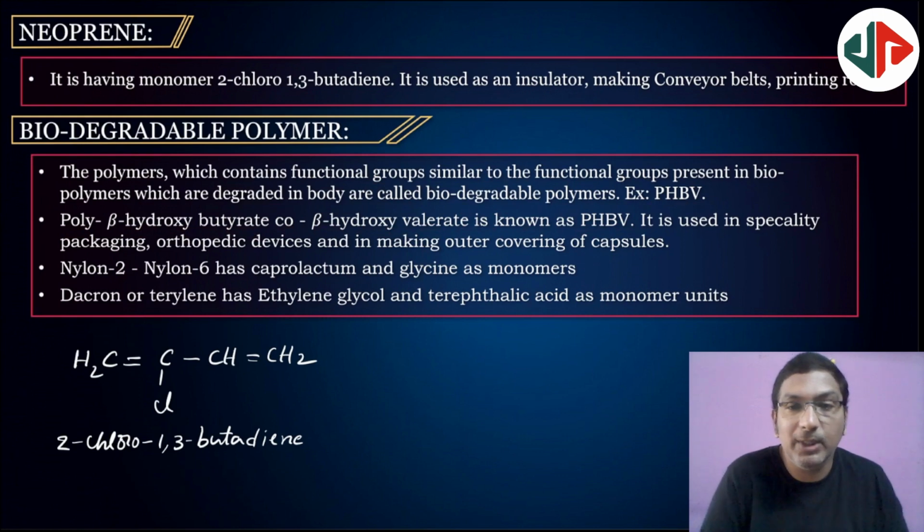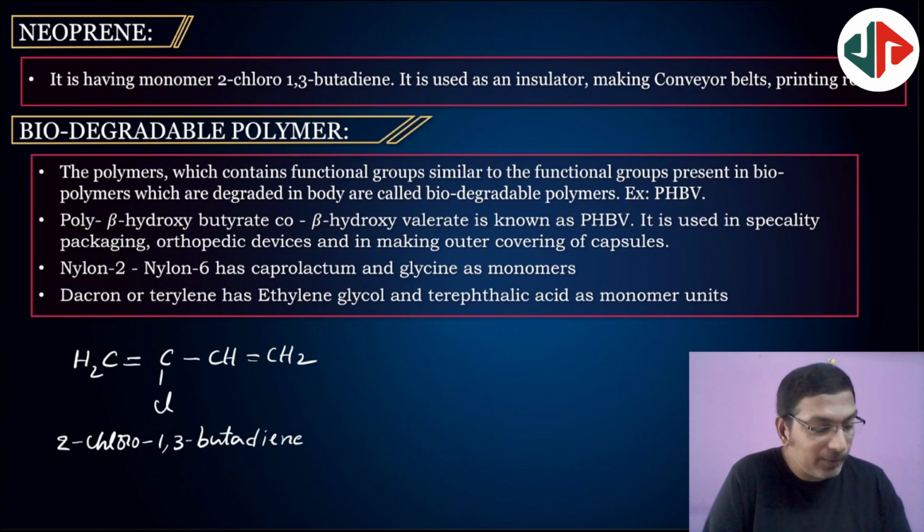Co means copolymer here, two different types of monomers. It is specially used in packing, orthopedic devices and making outer coverage of capsules. Very very important. Next, nylon 2,6 has caprolactam and glycine as monomers.